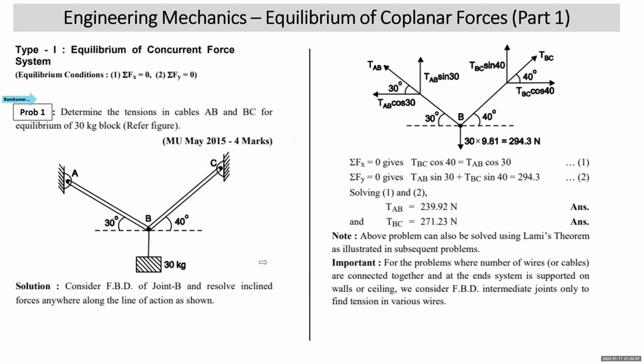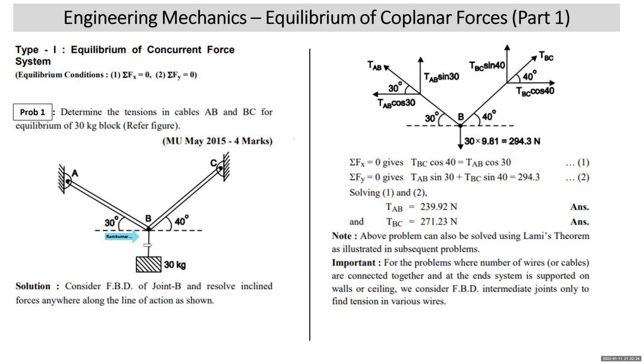So what is the intermediate joint here? Joint B. So we will be drawing the free body diagram of joint B, which, if you are drawing the FBD of a joint, will always be an example of a concurrent force system.